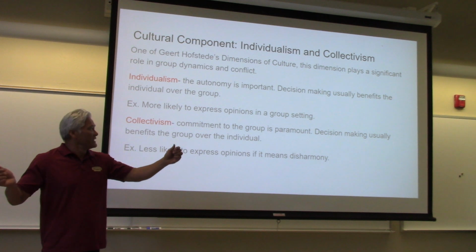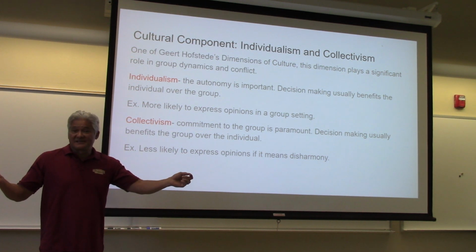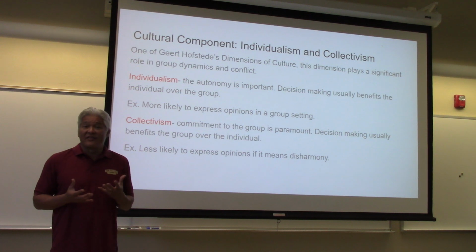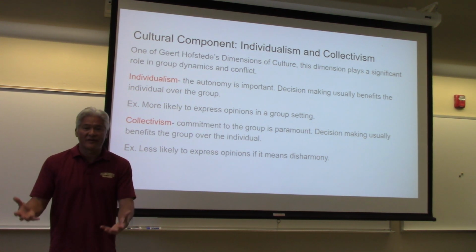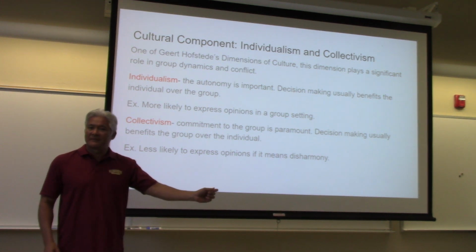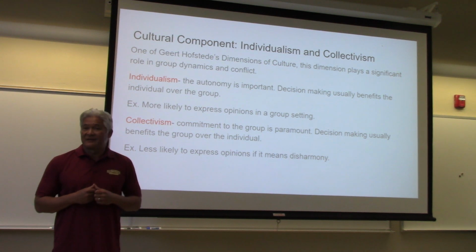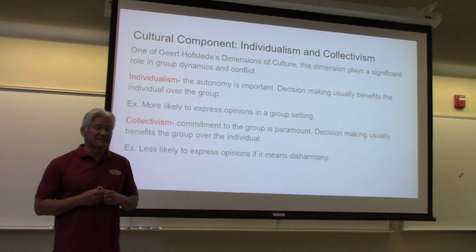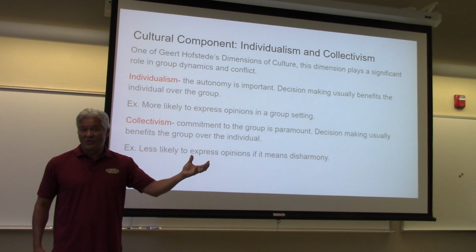So there's individualism, collectivism, and there's power distance, which has to do with how much regard we have for authority. Some cultures are high power distance, where we have this reverence for authority, and some are low power distance, where it's more equal. Authority is less revered, and equality is more important.